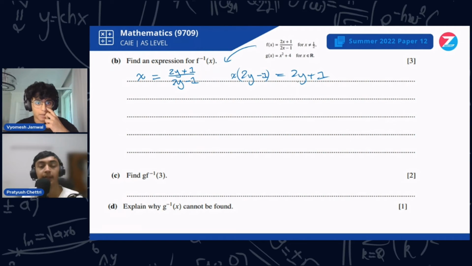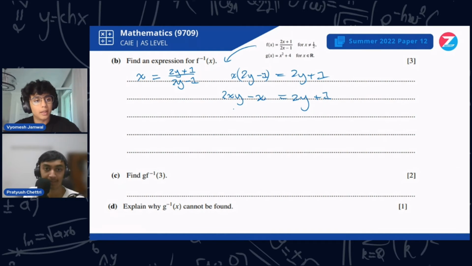Then I would expand the brackets: 2xy minus x. And then I'm going to take the 2y and put it on the left side and the minus x on the right. So by changing the signs, it'll be 2xy minus 1 equals 2y minus 2xy.